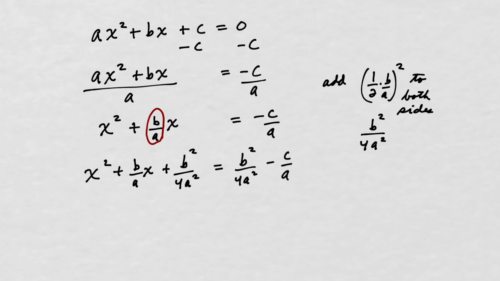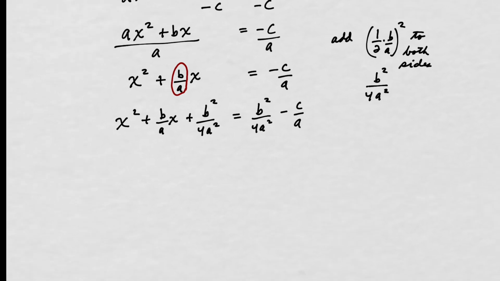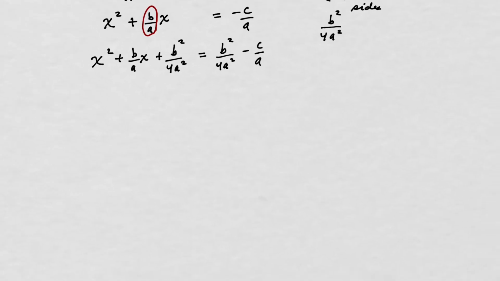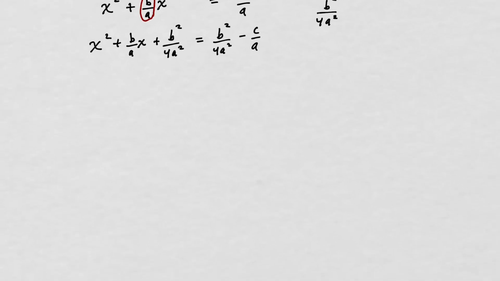Okay, now it turns out that that left-hand side is now a perfect square trinomial, right? This actually is, and you can check it, x plus half of that term, so b over 2a, squared, right? FOIL it back out and you'll get what we started with. So that it actually is this squared.